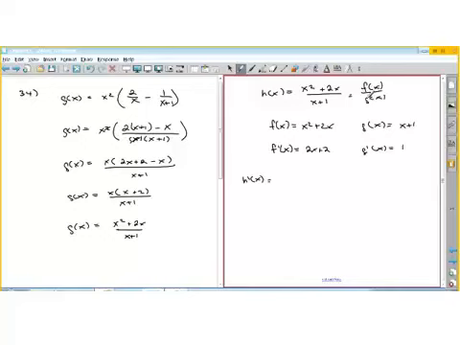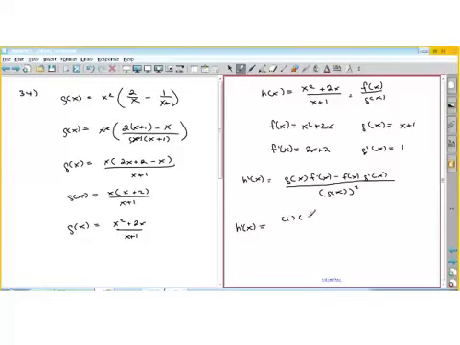So we'll go look up the quotient rule. And it says, this is on page 121, g of x times f prime of x minus f of x times g prime of x, all divided by g of x, quantity squared. So now all I have to do is just plug in what we have.